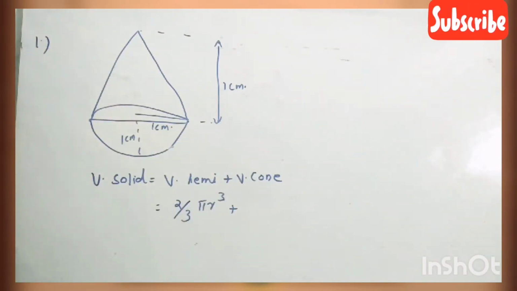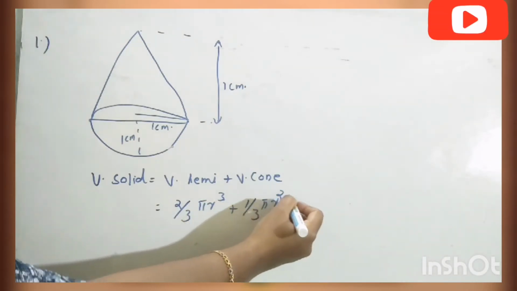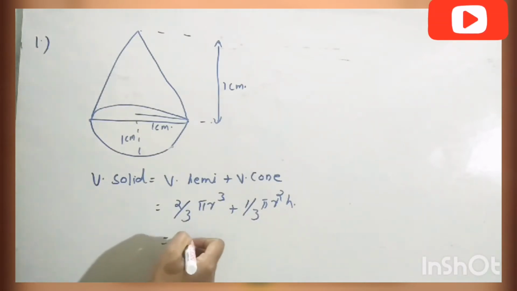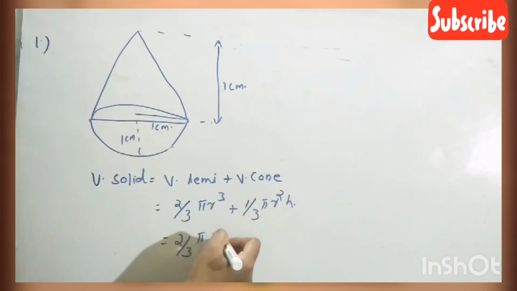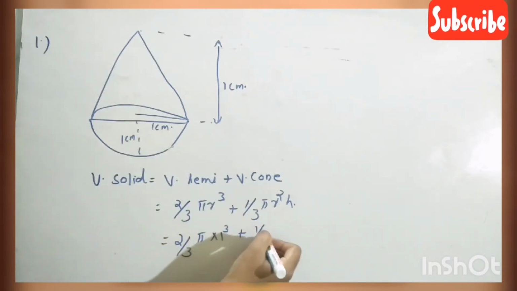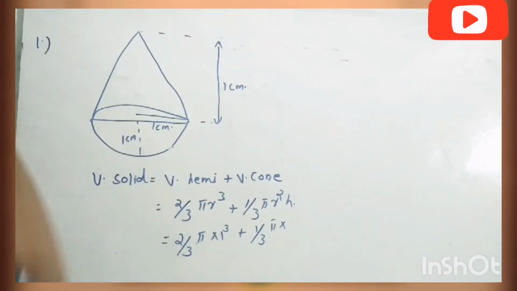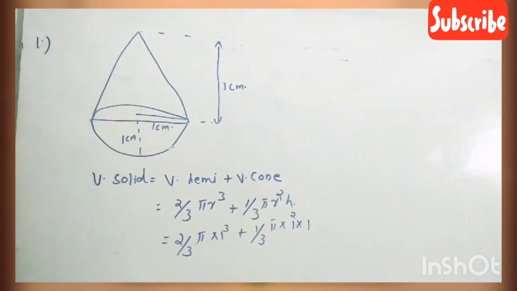The volume of the cone is 1 by 3 pi r square h. Now just substitute the values. 2 by 3 pi into the radius 1, so 1 cube, plus 1 by 3 pi into the radius of the cone, that is 1, and the height of the cone, that is also 1.